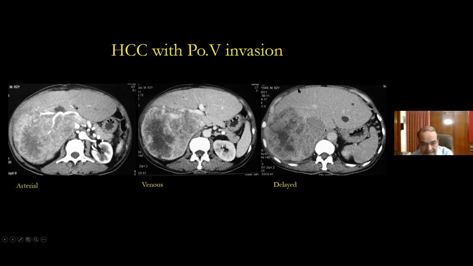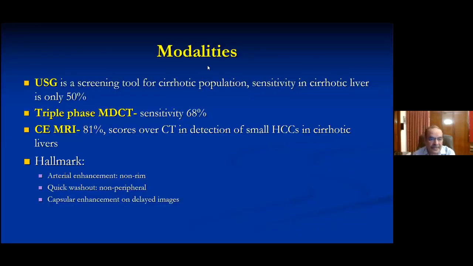Arguably, HCC in a cirrhotic liver is one of those lesions which does not need biopsy for treatment if the imaging findings are unequivocal. So ultrasound has a poor sensitivity for detection. CT does a much better job, but it's MR which does the best job here. And in the cirrhotic liver, detection and characterization of liver lesions should ideally be done using contrast-enhanced MR.